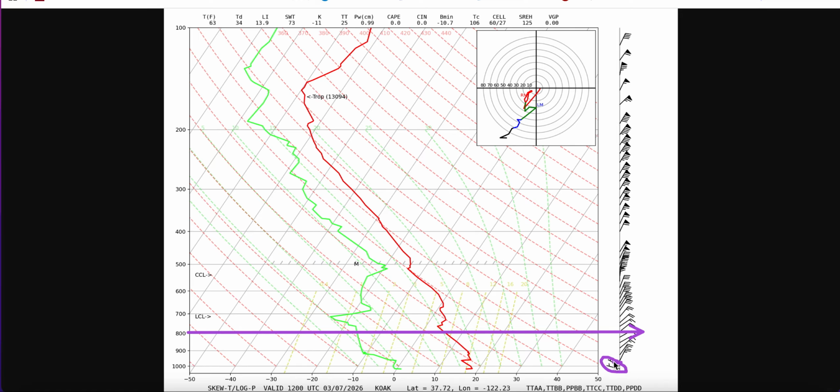Pretty light west winds, like very light wind out of the west. And you go just above that layer, say between 3,000 and 6,000 feet, you have winds over 20 miles an hour, or 20 knots. That's a much stronger wind out of the northeast.